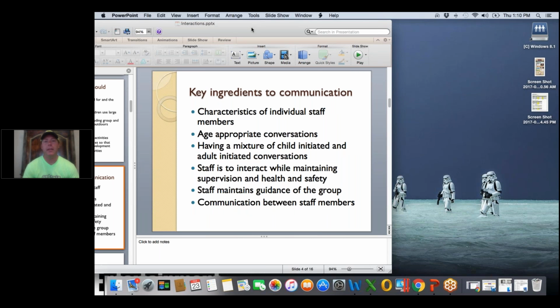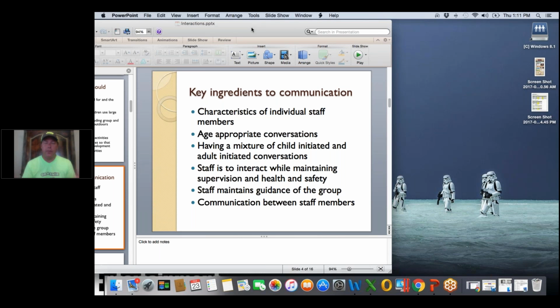All right, some of the key ingredients to good, positive communication in the classroom. Of course, the characteristics of individual staff members. You know, we've got over 30 people in our CDA class this time around. All of your characteristics are very different. All of your personalities are very different. And we see that in the classroom. And that's a good thing.